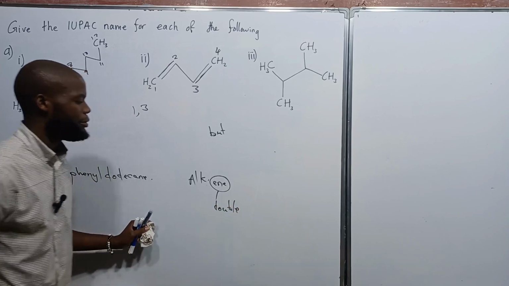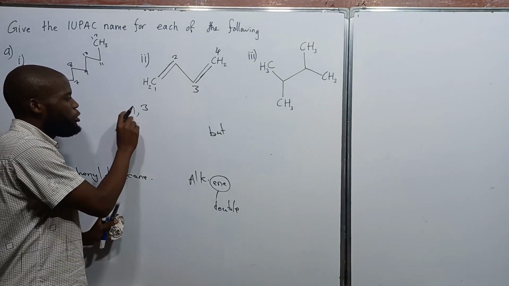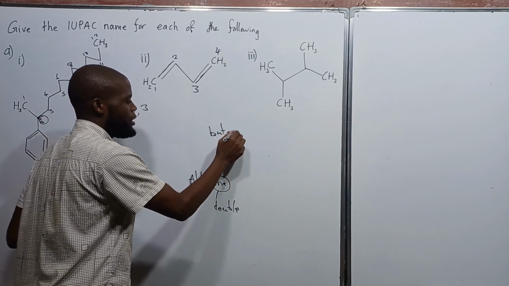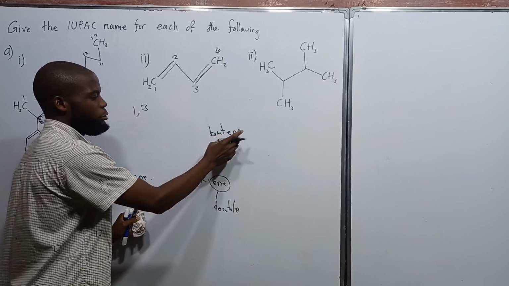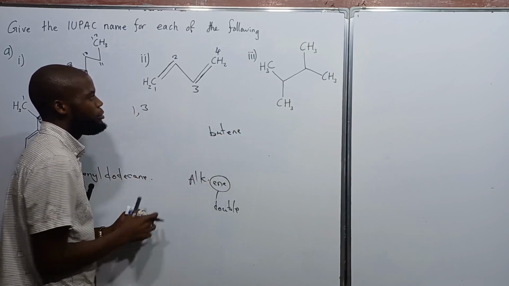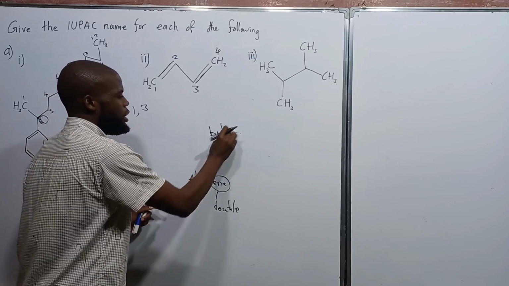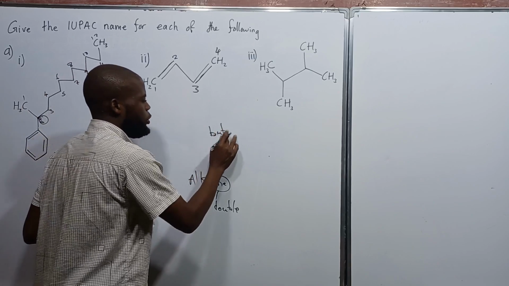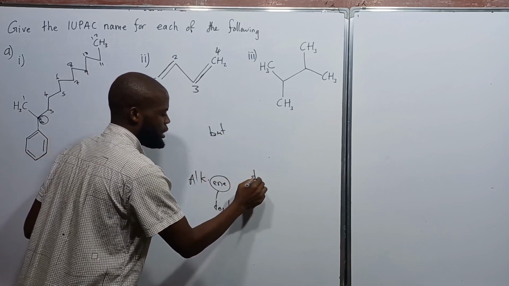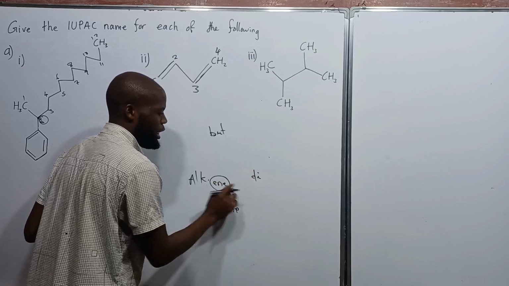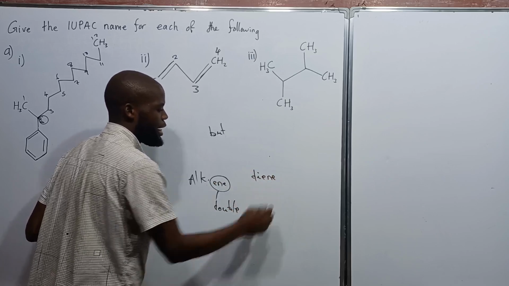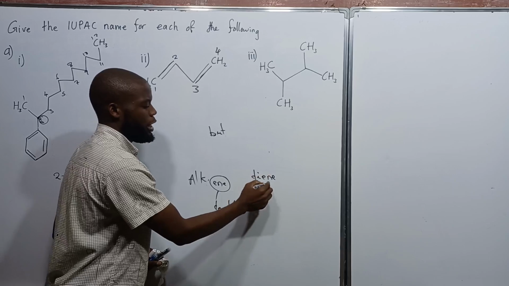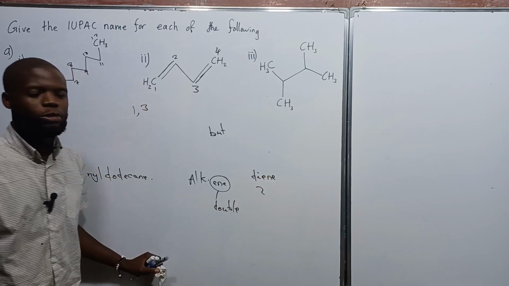Now, since you have 2 double bonds, if we just ended the name as a butene like that, it would indicate that you only have 1 double bond in the organic compound. Since you have 2 double bonds, you add the prefix di to ene so that it becomes diene, to indicate that di means 2, and then ene just indicates there's a double bond.